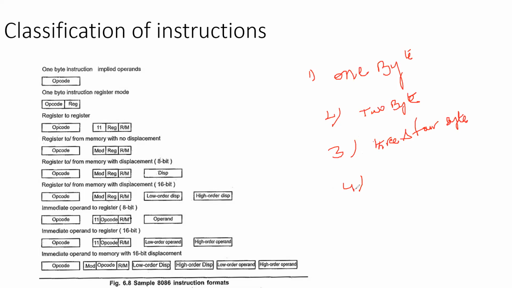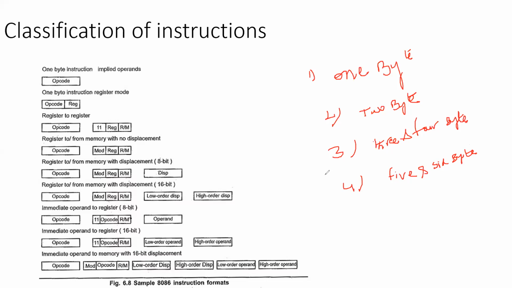And the fourth category is 5 and 6-byte instructions.